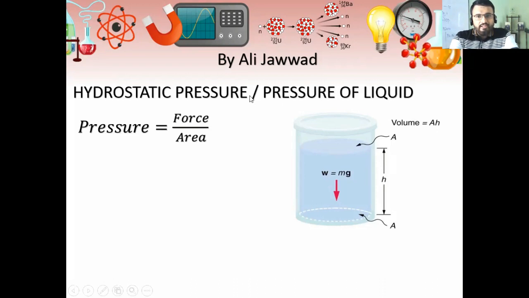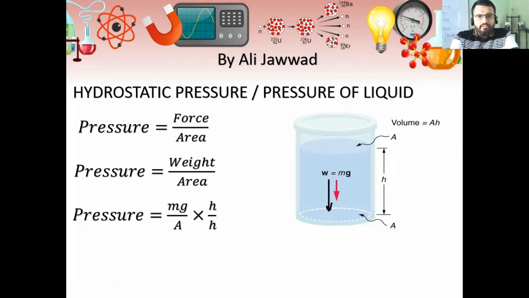But in this case, the force acting on the bottom of the container is equal to weight. So in this next step, we can replace force with weight. However, weight is equal to mass times gravity. So we have substituted, in place of weight, mass times gravity.